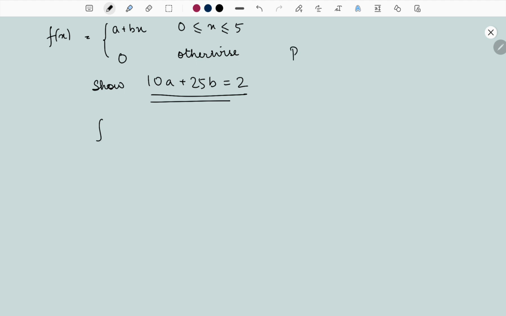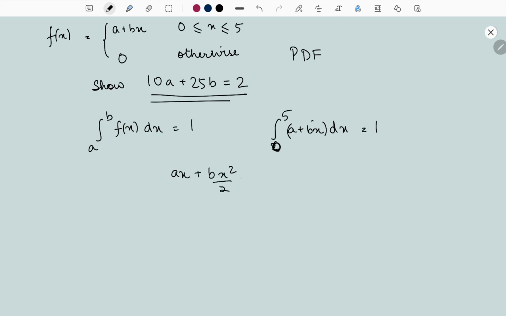By the definition of a PDF, we know that the integral from a to b of f of x dx equals 1. So we will use it here. The integral from 0 to 5 of (a plus bx) dx equals 1. So ax plus bx squared by 2 from 0 to 5 equals 1.